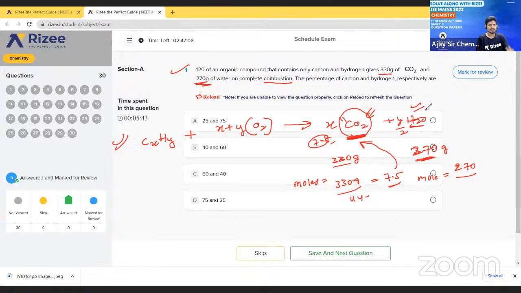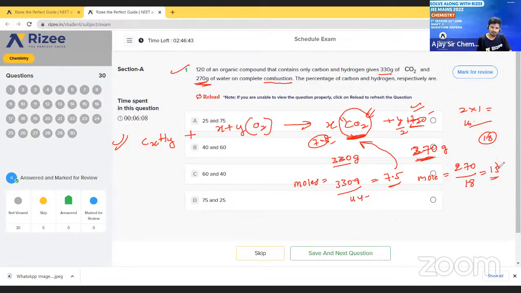Hydrogen has atomic mass 1 and oxygen has 16. Here two hydrogens are there, so 2 into 1, and 1 oxygen, so 16. 16 plus 2 is equal to 18. So 270 by 18. How much answer will we get? Very simple. 15 we will get.